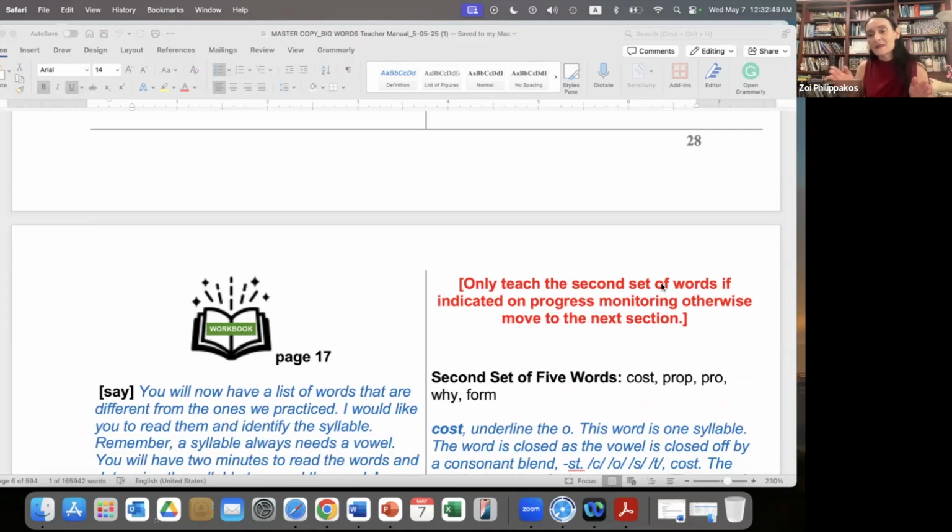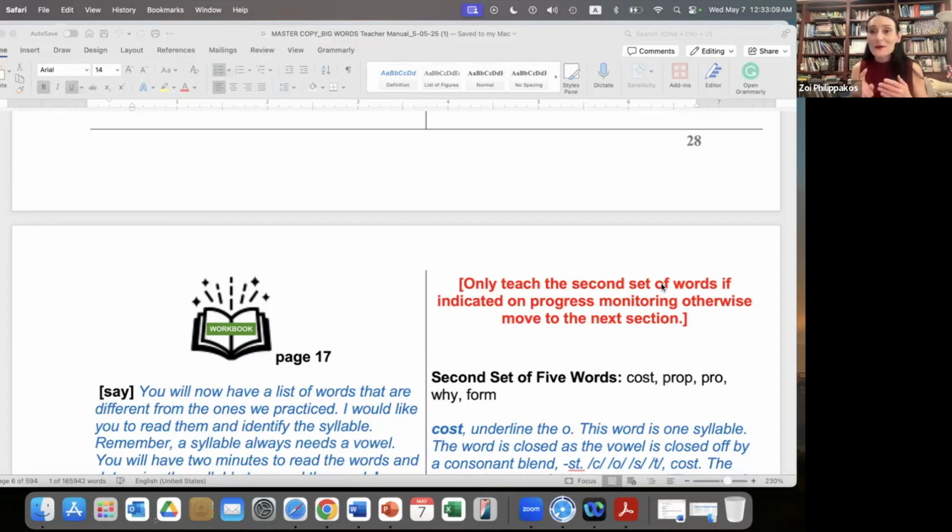So at the very end of the instruction that you're providing, there are progress monitoring lessons. In this, if the students perform less than 75%, less than 80% in reading, and it makes sense, the sections that they missed, you can go back and reteach the second set of 5.